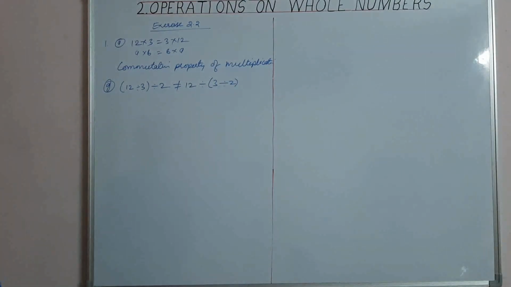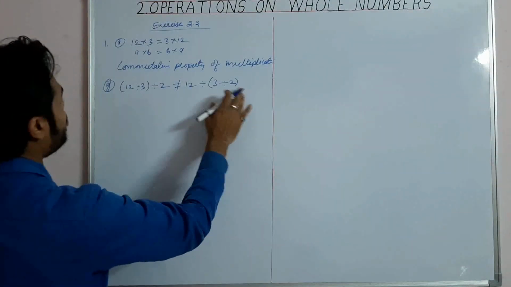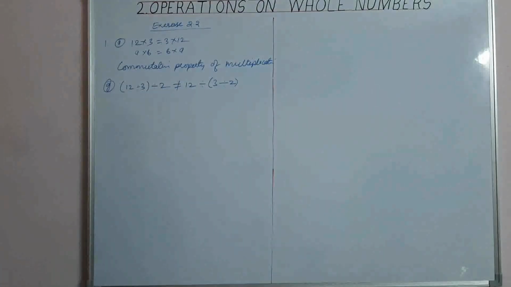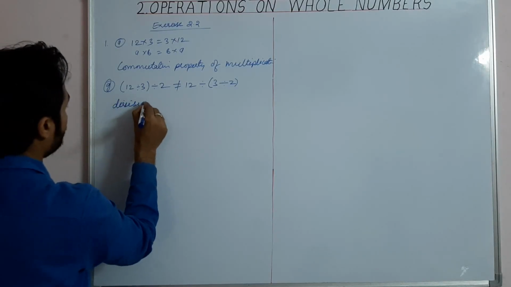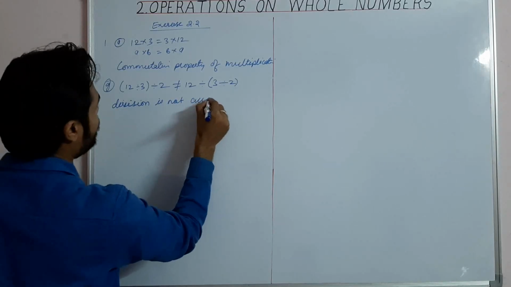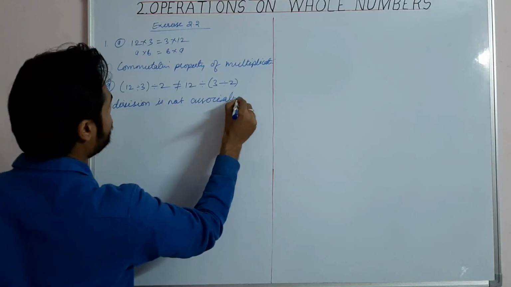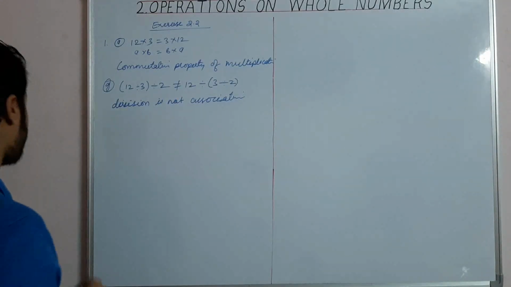Here this one is related to the associative property and division is not associative, so we have to write division is not associative, right?